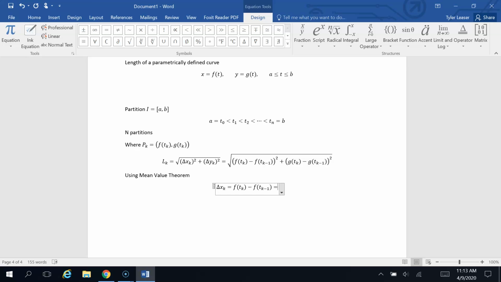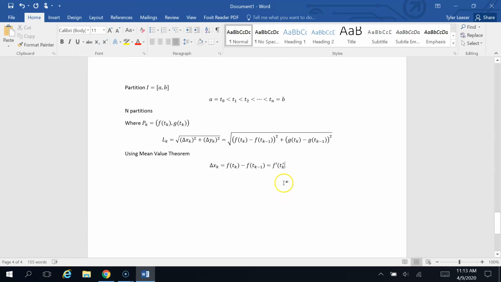So that distance we could approximate as the derivative f prime at t sub k star. t sub k star is just some point between t sub k and t sub k minus 1. It's a specific point where this derivative ends up being the same as the slope between t sub k and t sub k minus 1. We know something like that exists based on the mean value theorem.